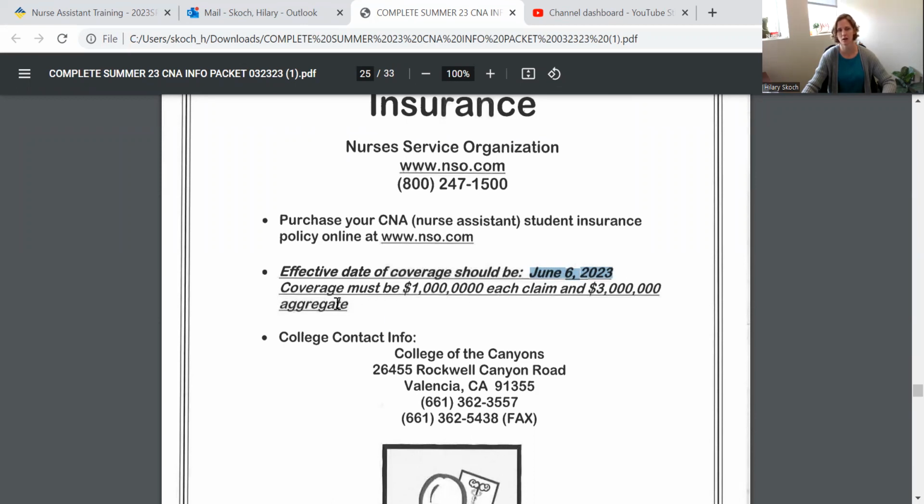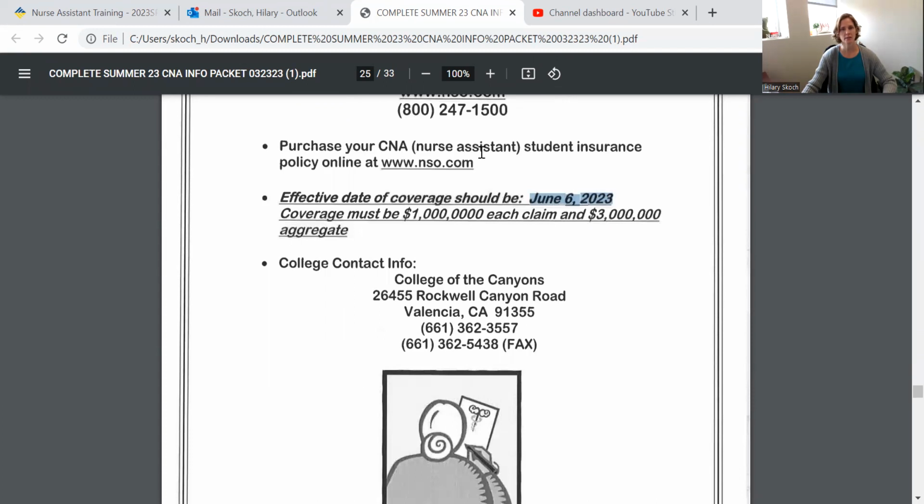It has to be this. The coverage must be exact here. It might say nurse aide, it might say nurse assistant student. Either one of those, that's the right one. So it can be nurse assistant student, nurse aide, nurse assistant.